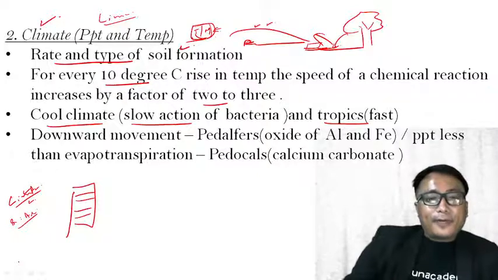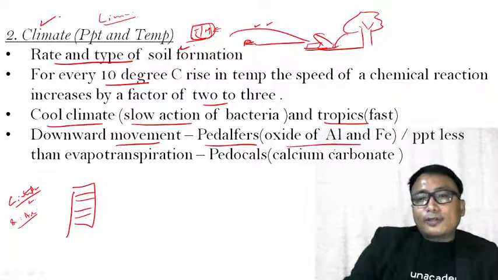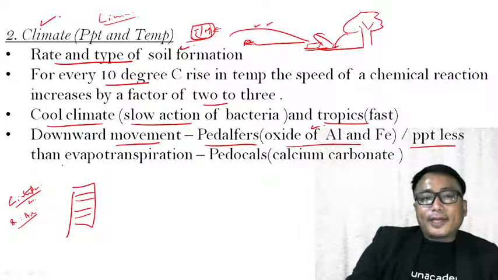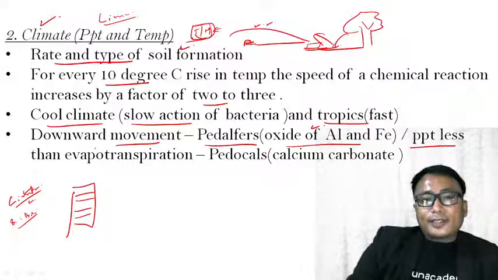Clear? Now, the downward movement, that is eluviation, Pedalfer, that is oxide of aluminium and iron. Where will you find this? In a place where the rainfall is higher than the evapotranspiration, downward movement will take place.